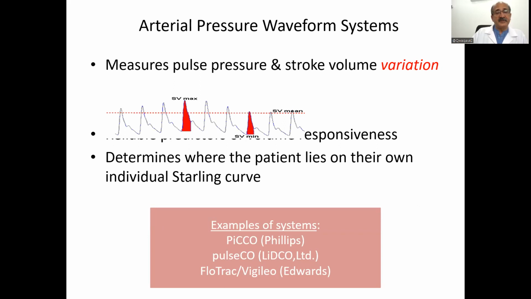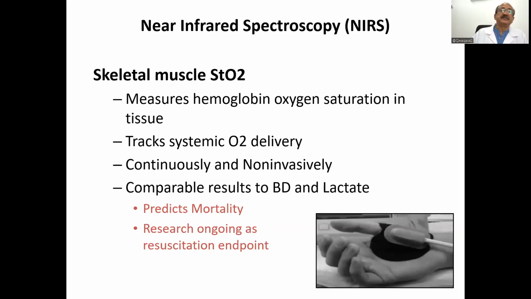Arterial line pressures, yes, this is important. You can calculate the stroke volume variation and the pulse pressure variation. Another, and the most important and latest thing, is skeletal muscle saturation. It measures hemoglobin oxygen saturation in the tissue, otherwise what we measure through SpO2 is in the arterial blood.